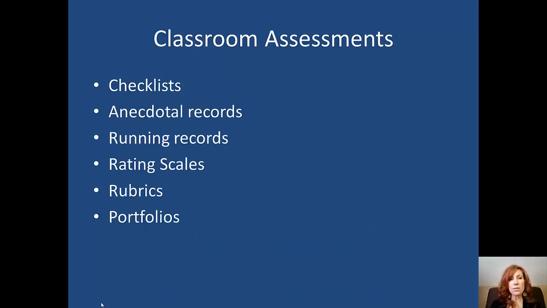There are several different assessments that we can use to look at student writing. Checklists, anecdotal records, running records can often give us information about students' writing as they read a piece or a passage and then respond to it. That can give us information about students' writing as well. Rating scales, rubrics, those are all great tools.